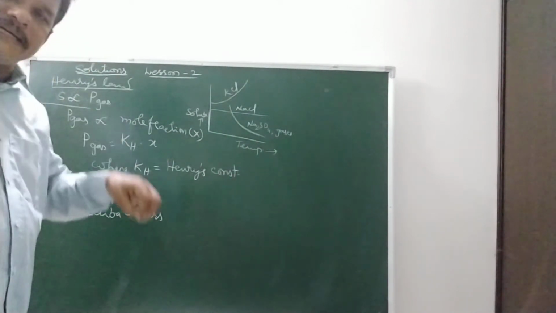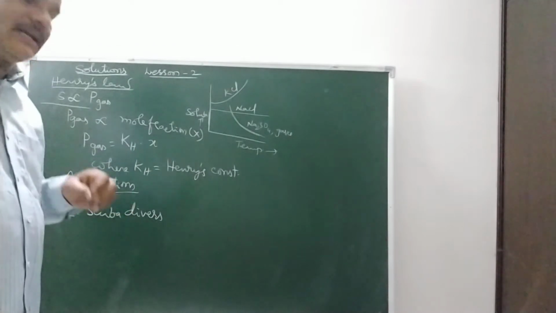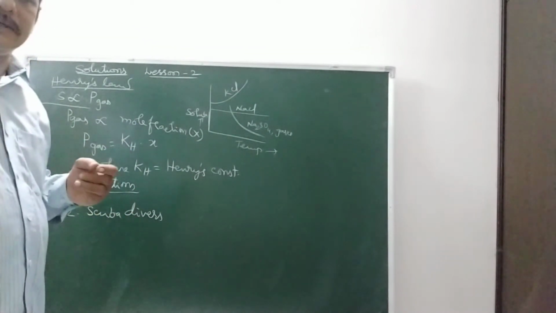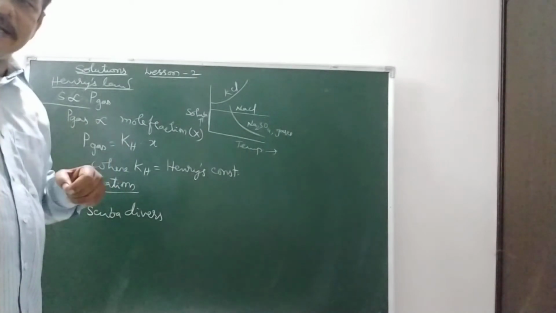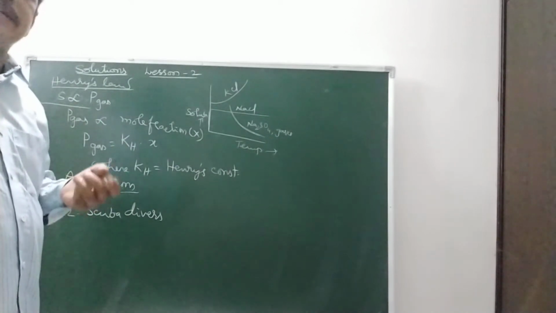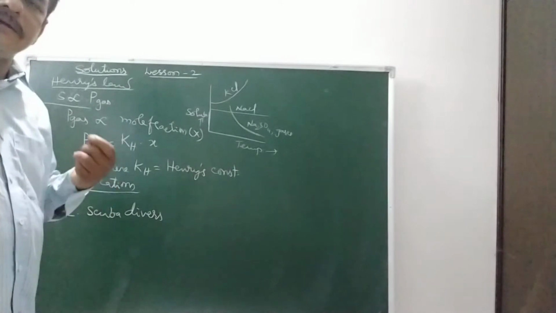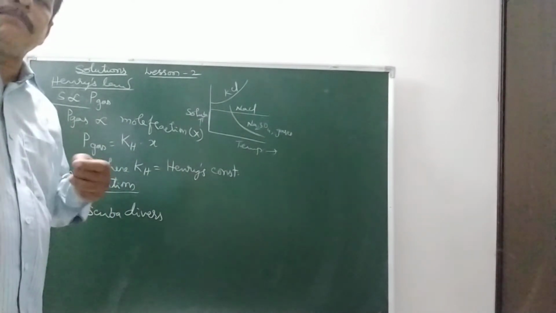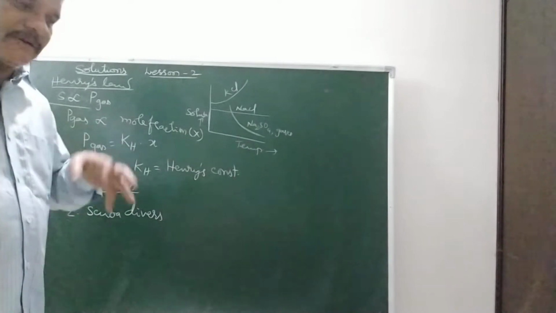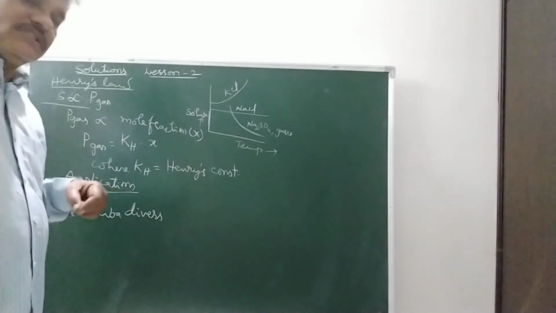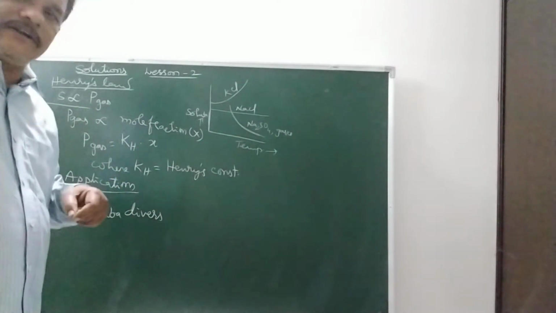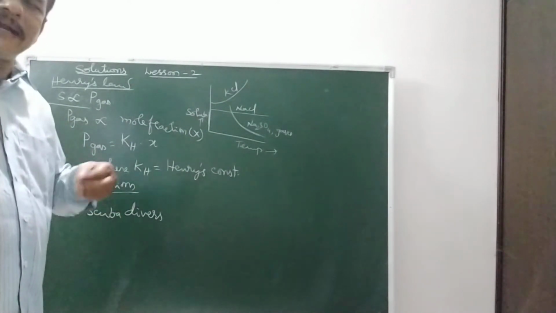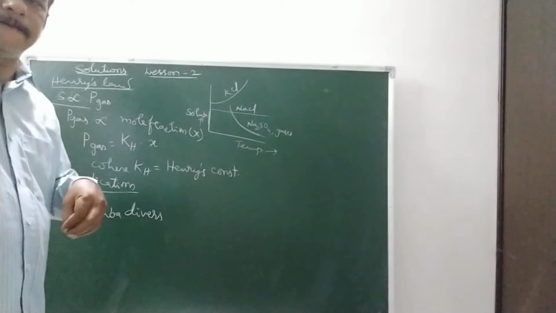The pressure increases. When pressure increases, the nitrogen gas which is present in air, which is taken by the person in the respiration process, will dissolve in blood. As the pressure increases, the solubility of nitrogen in blood also increases. More nitrogen dissolves in blood.